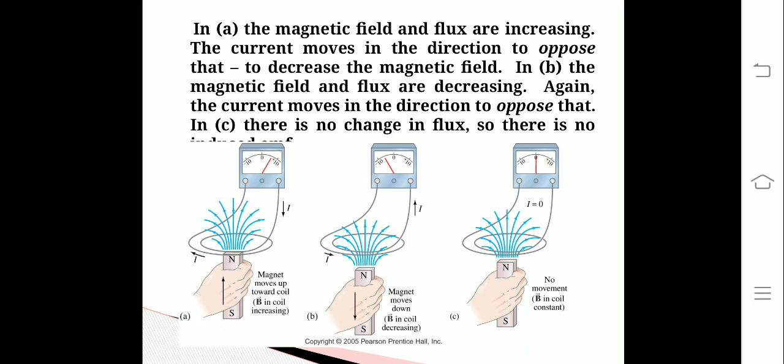In figure B, the magnetic field and flux are decreasing. Again, the current moves in the direction to oppose that. In figure C, there is no change in flux, so there is no induced EMF.